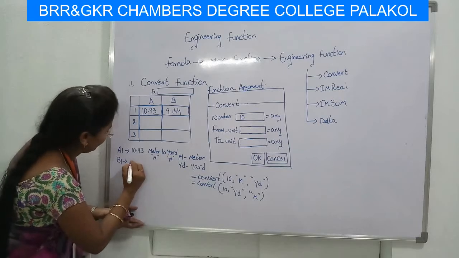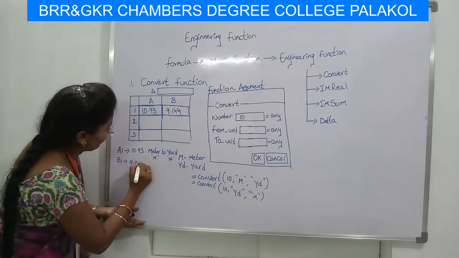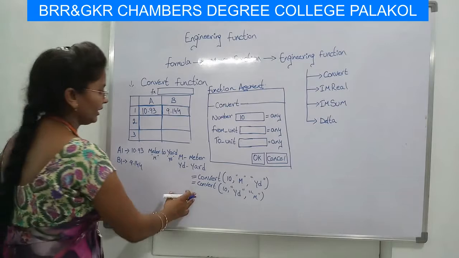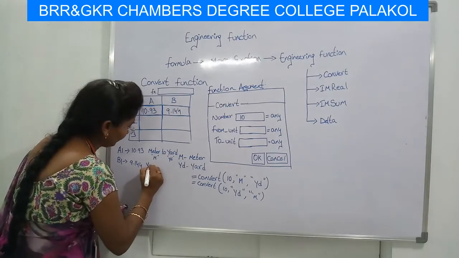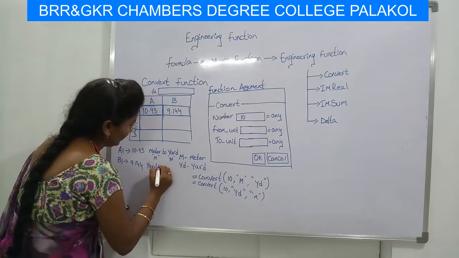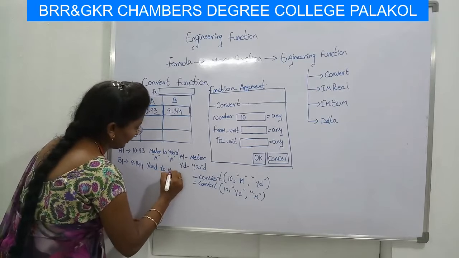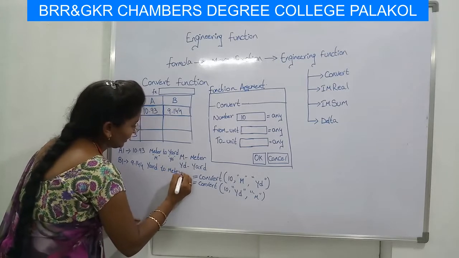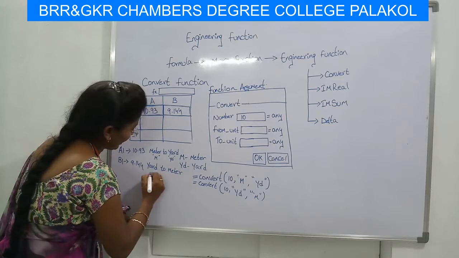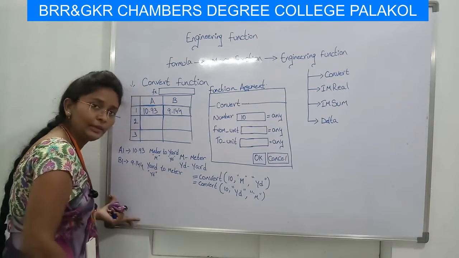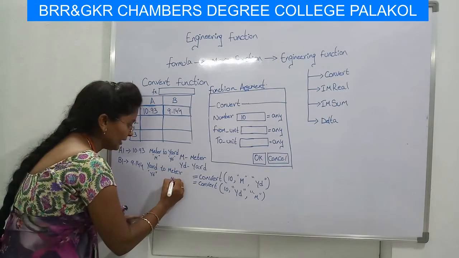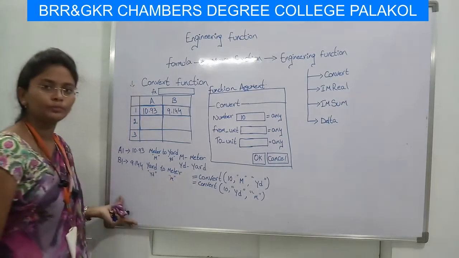The answer is 9.144. That means we are converting yard to meter. Yard is displayed as the shortcut YD and meter is displayed as M.